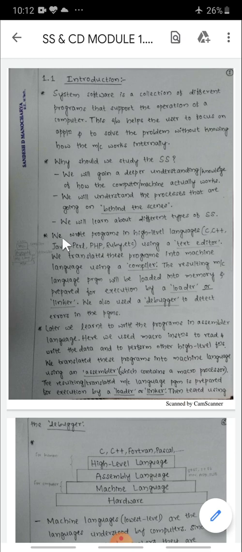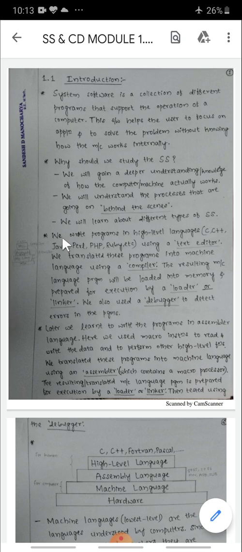And next is assembly level language. This is also similar to low level language, but somewhat different, because low level language contains only zeros and ones. This assembly level language contains some English words like instructions.